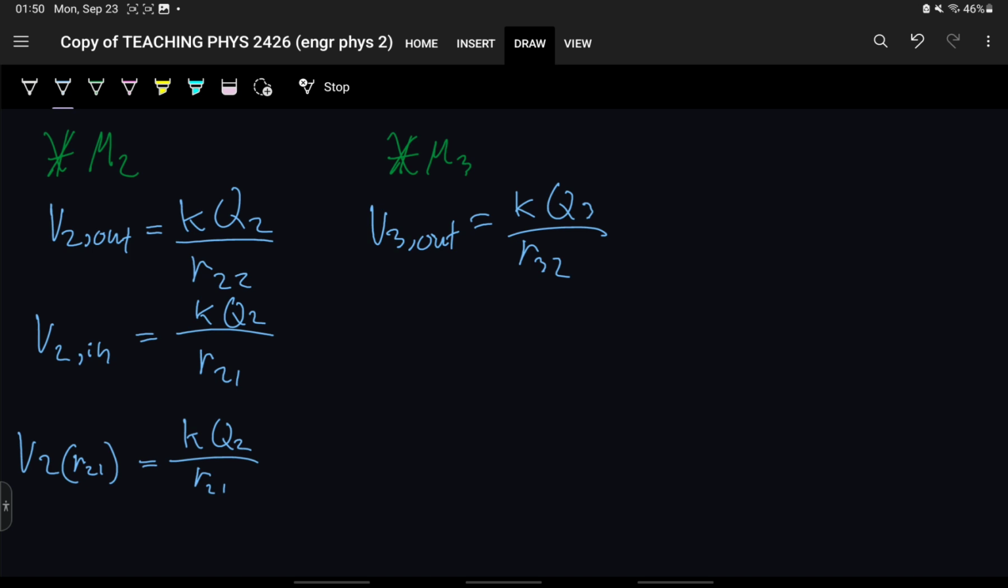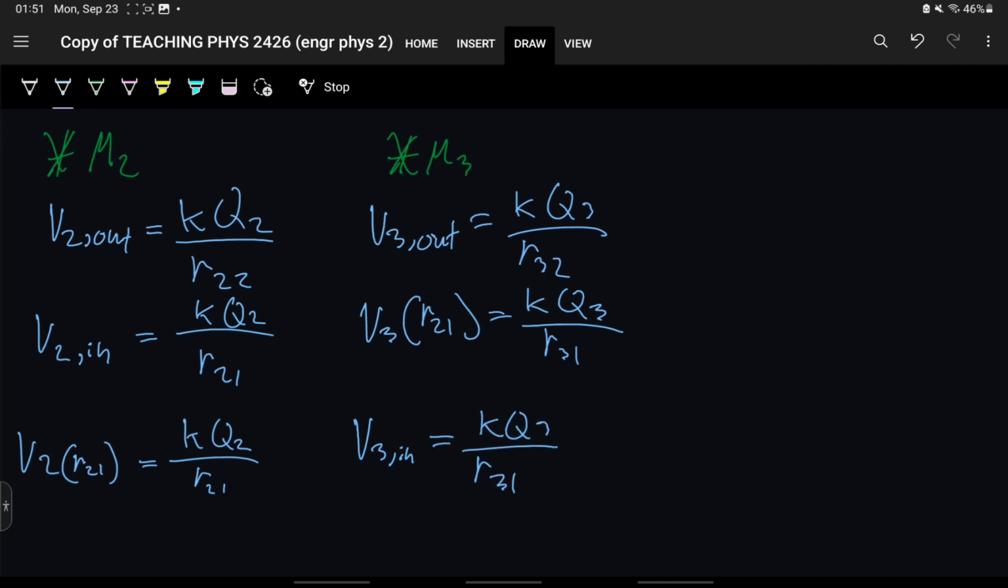And the potential at radius R2,1 inside of M2 due to M3 is V3 of R2,1, equal to lowercase k times Q3 all over R3,1. To find the potential at the inner surface of M2, we need to integrate the potential due to M3 from R3,1 to R2,1. So V3 inside is equal to K times Q3 all divided by R3,1.